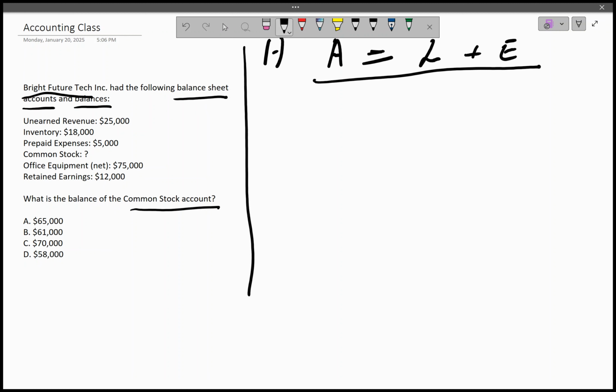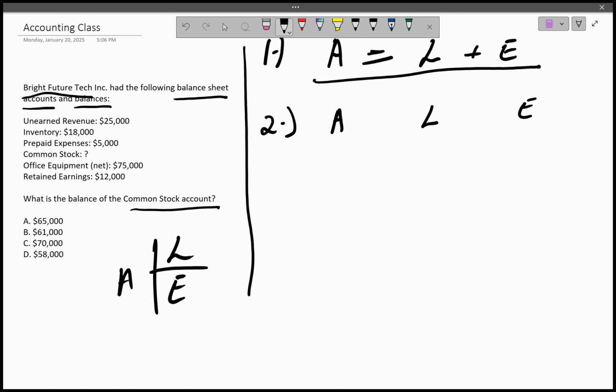Equity is from contribution from the owner or owners. So you get asset, liability, equity. And number two, you have to be able to classify those accounts within the accounting equation. Some of them will be asset, some of them will be liability, and others will be equity.